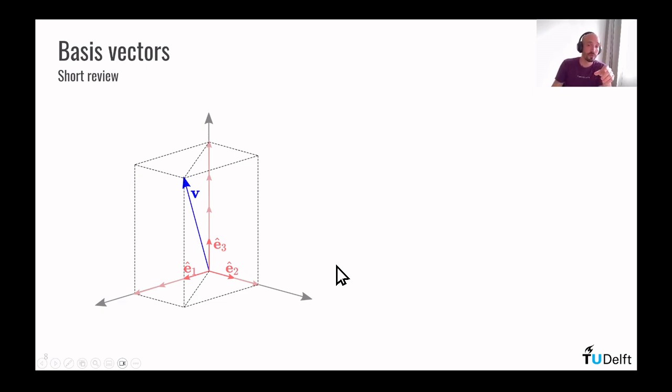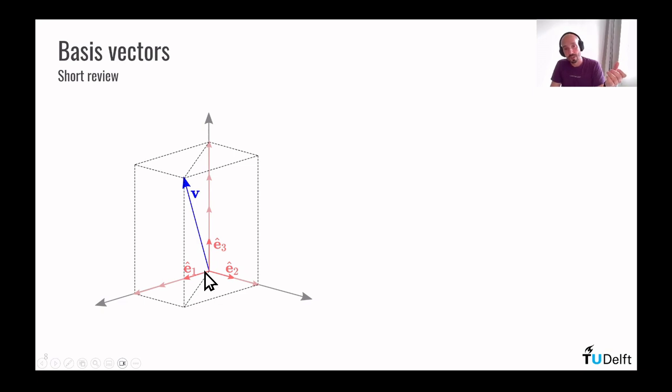For example, if we project this vector v into the direction defined by e hat 1, we can see that we simply multiply e hat 1 by 3, 1, 2, 3, then we have the first component of our vector.